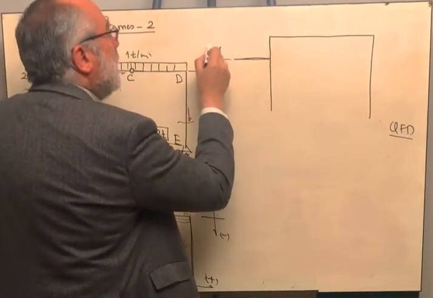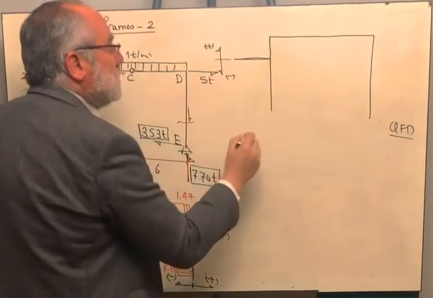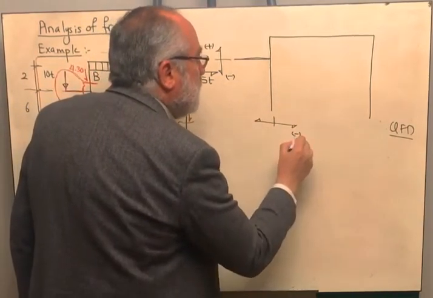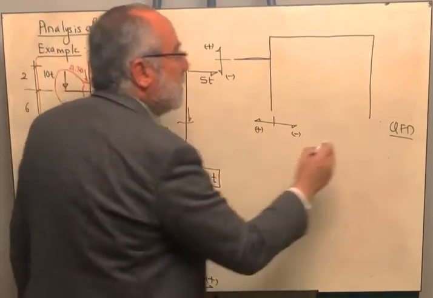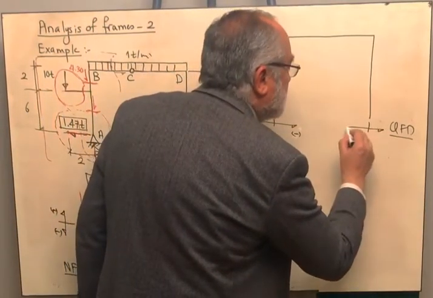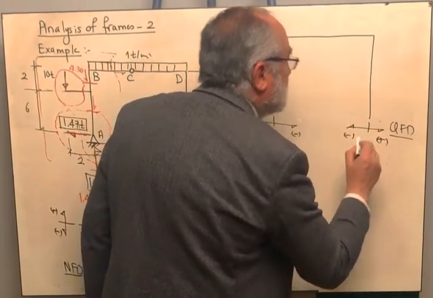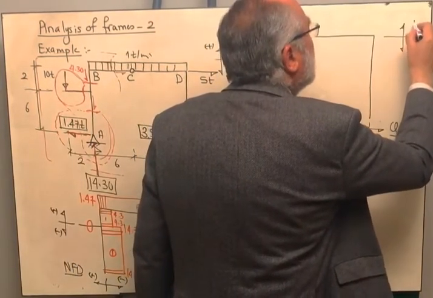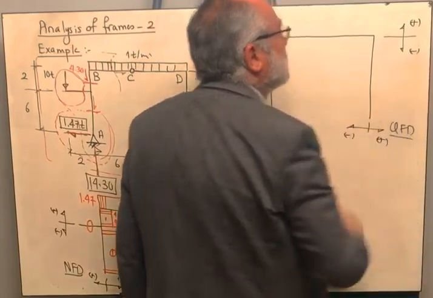So we are reminding ourselves, this is the side of the positive and this is the side of the negative. We are standing under the frame, so this is the near and this is the far.